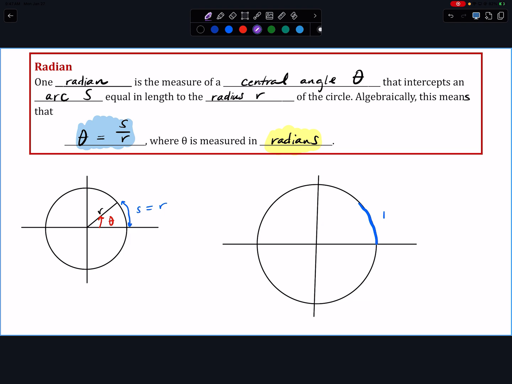And then if I picked it up, imagine it like a little string, guys. If I picked it up and then put it back down and stretched it out right there, this would be 2. And if I did it again, it'd be 3.